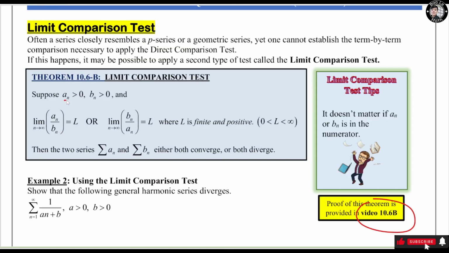Suppose a sub n greater than 0, b sub n greater than 0. If you have the limit of a sub n over b sub n equals L, where L is a finite and positive number, then both a sub n and b sub n either converge or diverge, right?